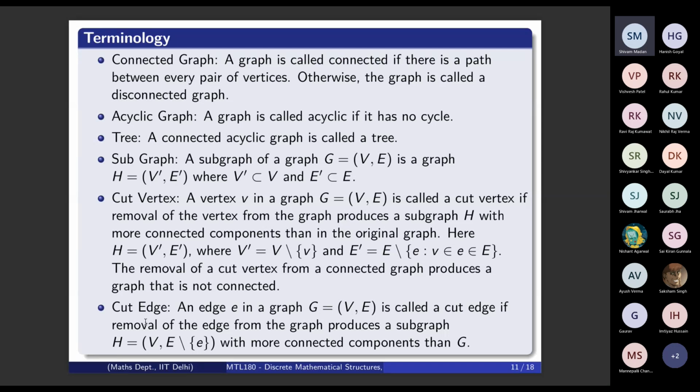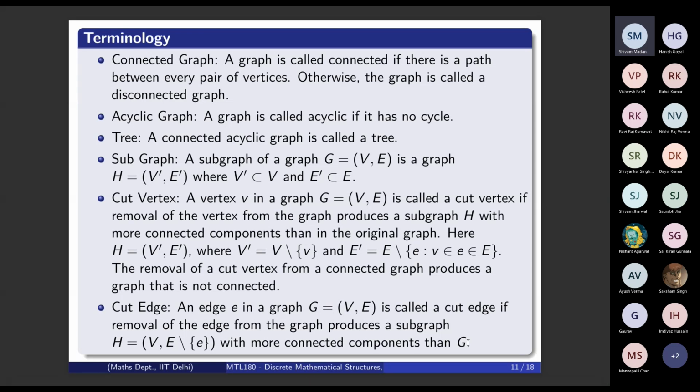So similarly, you can define a cut edge. So what is a cut edge? If you remove one edge, then the graph will be disconnected, or you can say that there will be more connected components than G. Okay, not one, it can be more than that, so just say more connected components than G. Is it possible to find more than one more component?